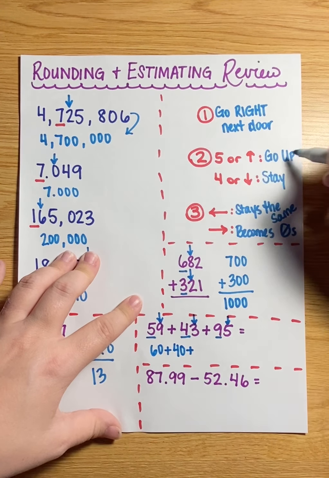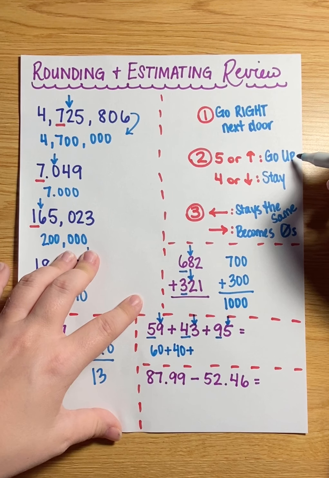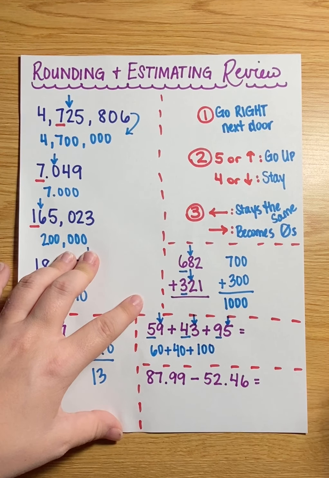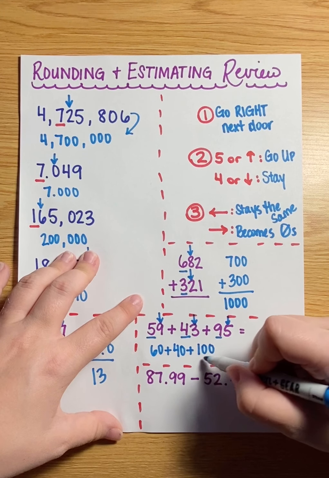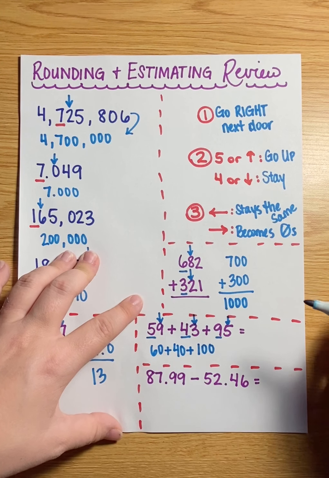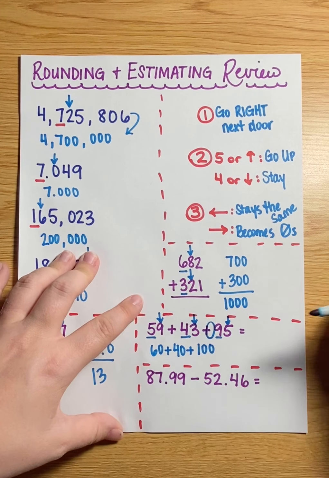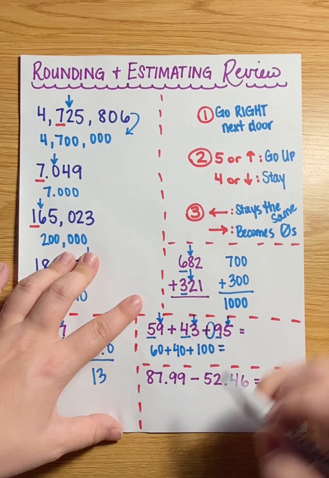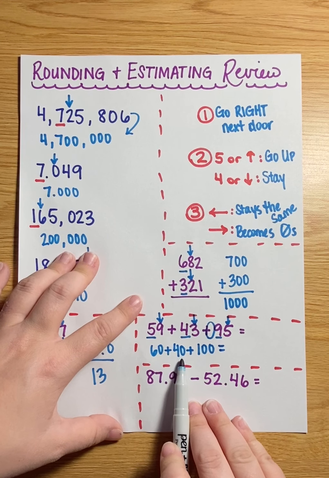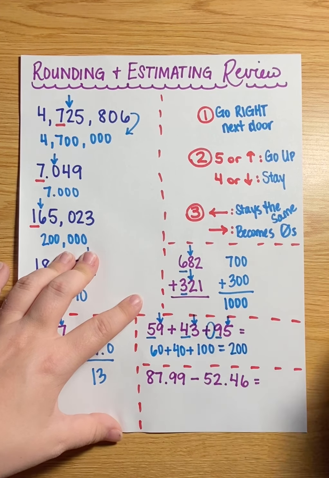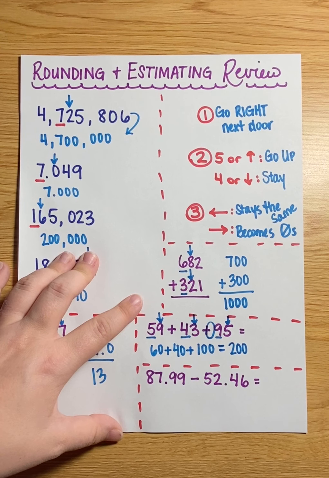My 5 tells my 9 to go up to 10. Everything to the right becomes a 0. And I was able to just write the 10 like that for my 100 because there wasn't anything here already. There wasn't anything I needed to add to that 100. So now I can say 60 plus 40 is 100, plus another 100. My estimate is going to be about 200.